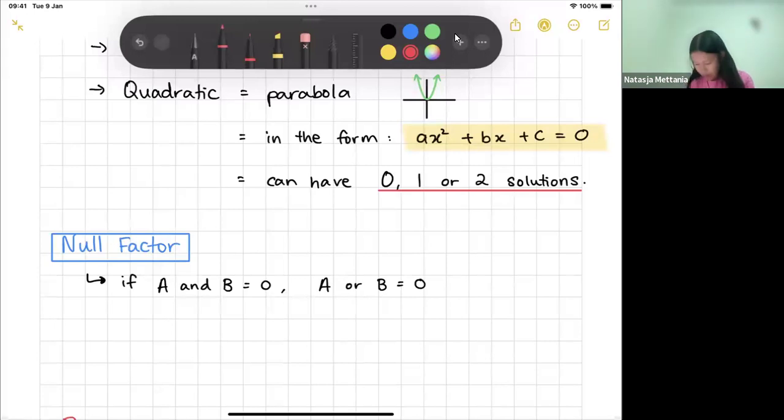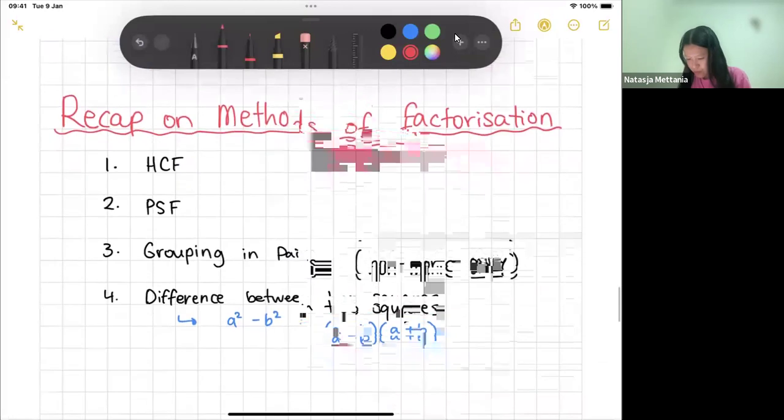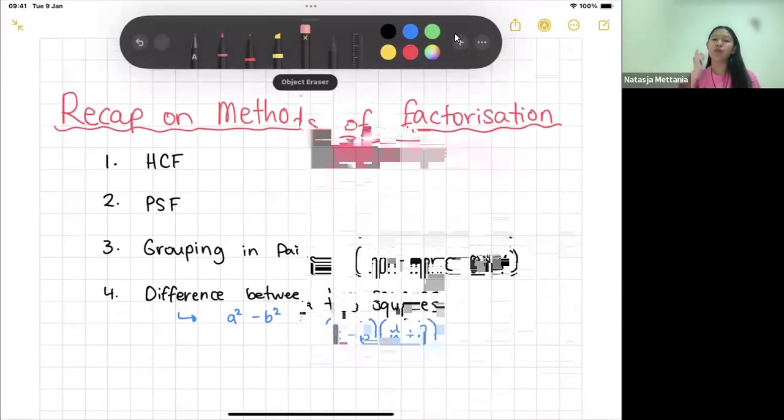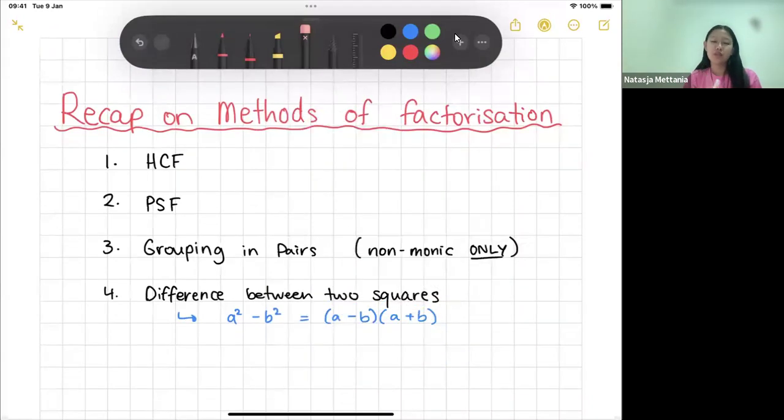It'll make more sense. All right, so first off, before we go to our example, a recap on factorization, because if you do not know what methods of factorization you need to use, you need to have a little review again. The first method is HCF, highest common factor. Second is PSF, product sum factor.